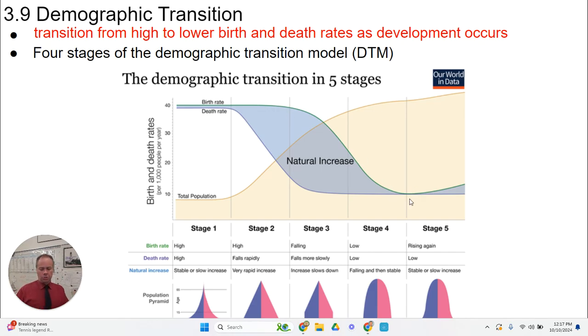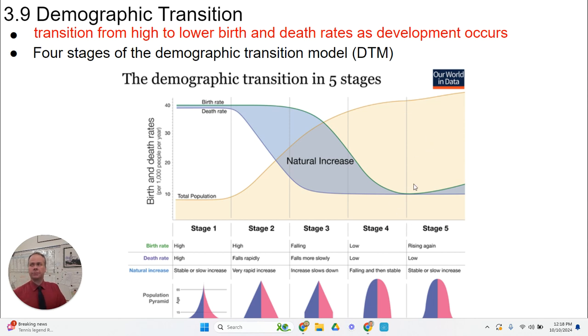When we reach the post-industrialized economic development, birth rates have fallen to basically balance out death rates. That leads to both a low birth rate and low death rate, somewhat balanced, leading to the leveling off of population growth in stage 4.